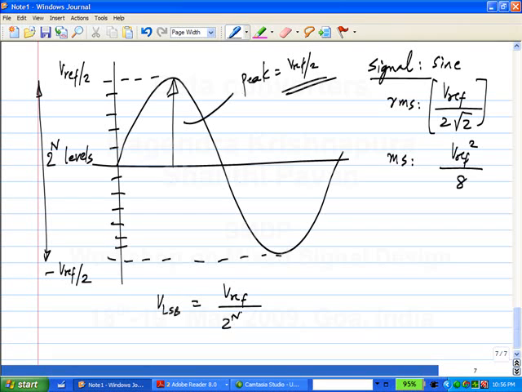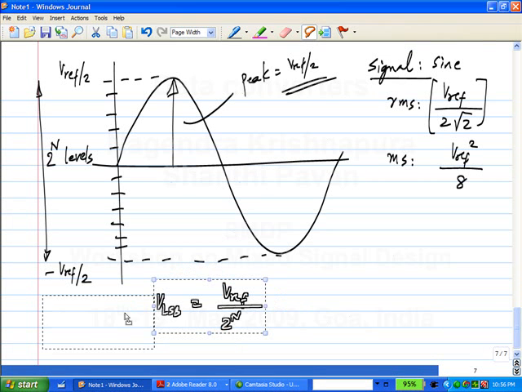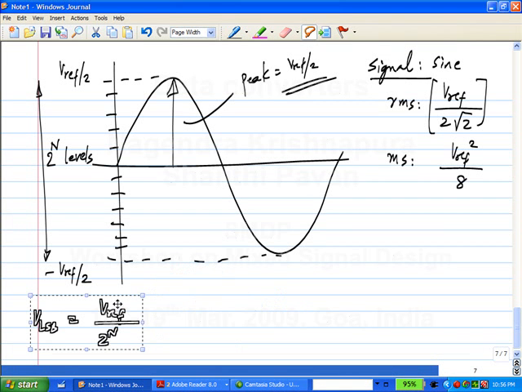What is the mean square value of the quantization error? VLSB by 2 square? Why? We just calculated the mean square value, right? What is the mean square value? Vref square by 2. Why? VLSB square by 12. Right? So the mean square value of the noise, this is for the signal.